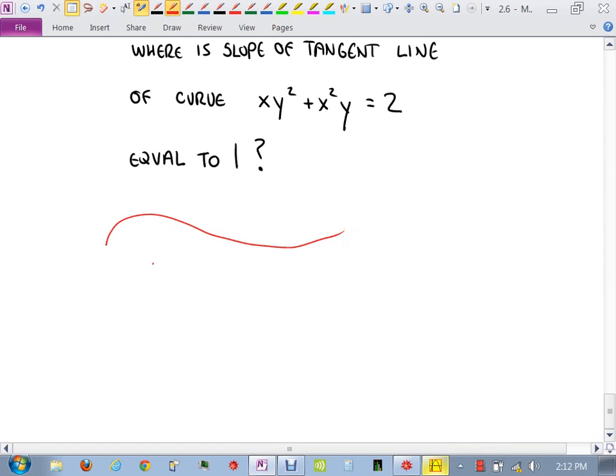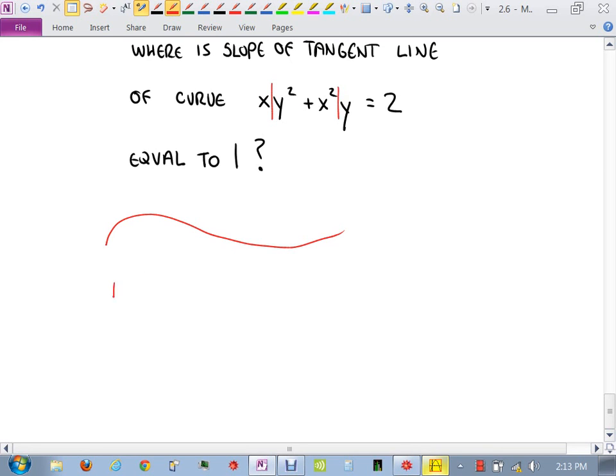Okay, here's my derivative. Will you tell me? 1 times... Yeah, be careful. There's product rule 2 places there.